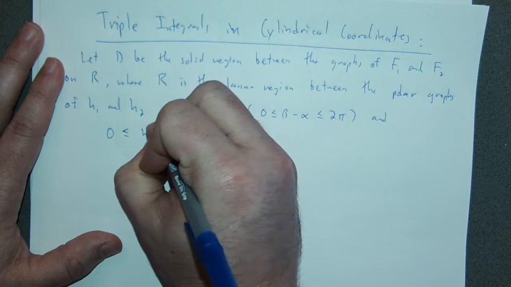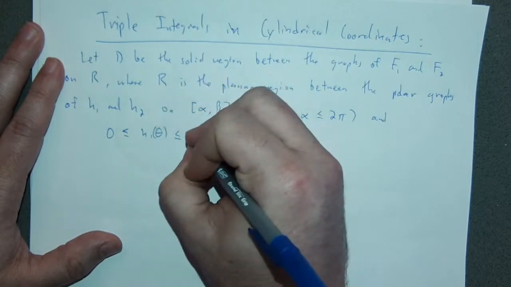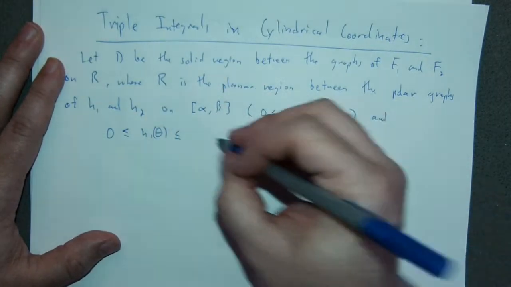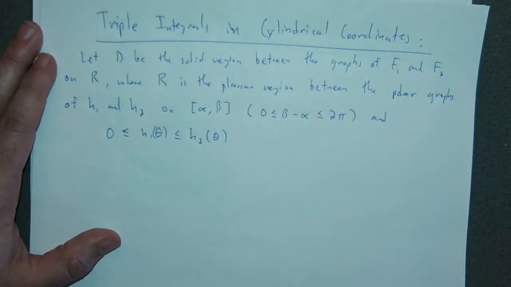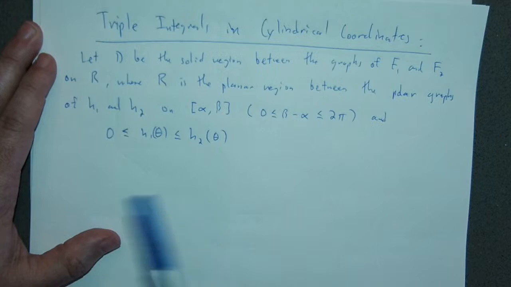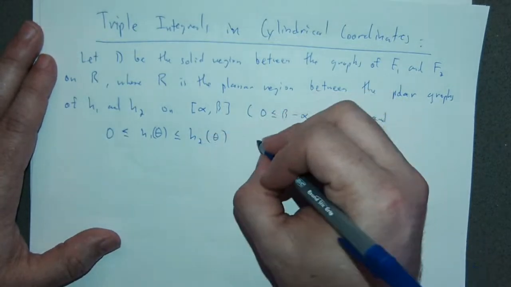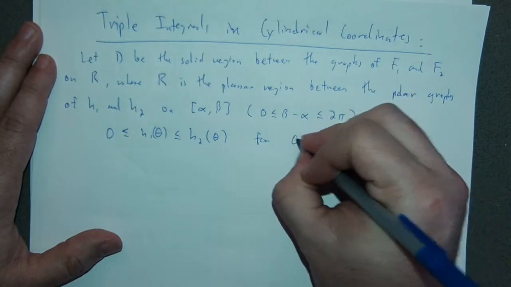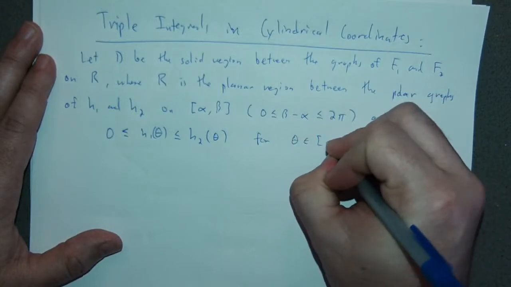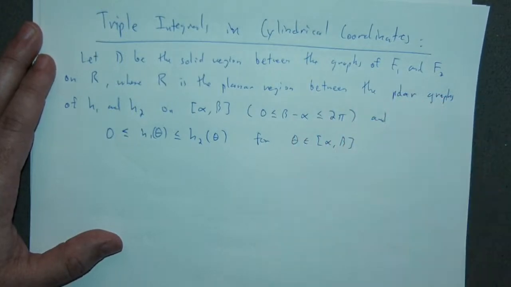This just allows, or I should say disallows, stupid stuff from happening. So these two polar graphs are bounded in this way for theta in this closed interval from alpha to beta.